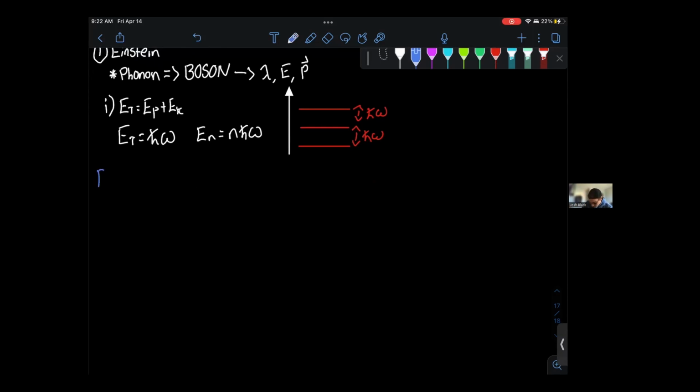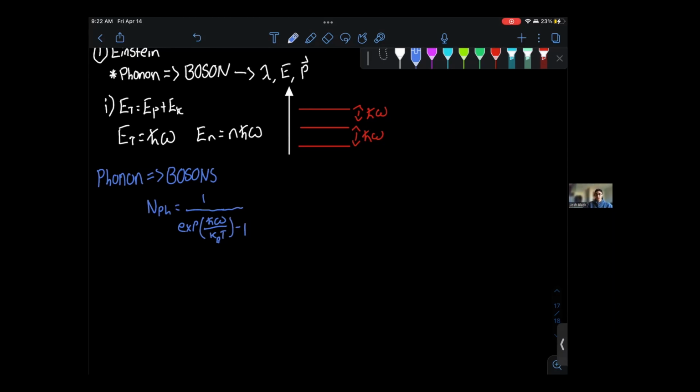Now, phonons, like I said before, are bosons. And they use a different kind of statistics. The number of phonons, or the probability of having a phonon, is equal to 1 over the exponential of our thermal energy over kT, minus 1.